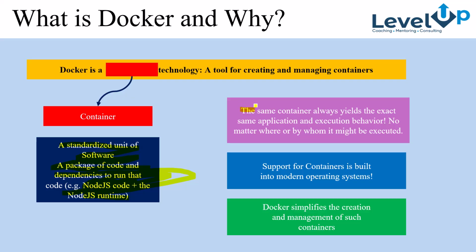If I create a container with, let's say, Node.js and the Node.js runtime, this container always yields the same exact results, the same application execution behavior, no matter who is installing it, where it is installed, how it is executed, or who is executing it. The result will be the same because the container has the code and the runtime execution files, everything.